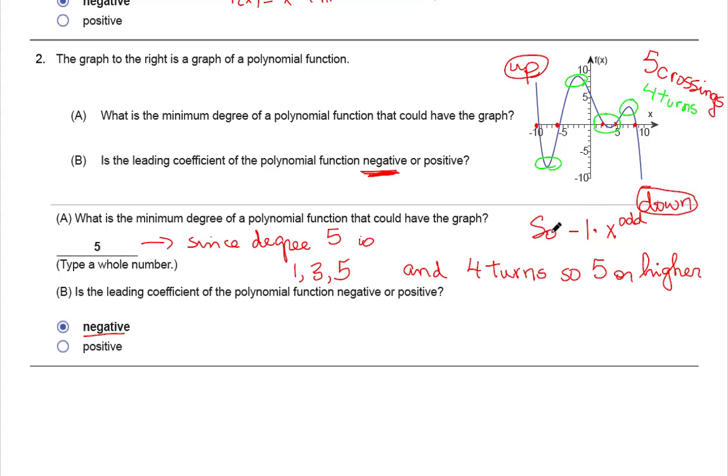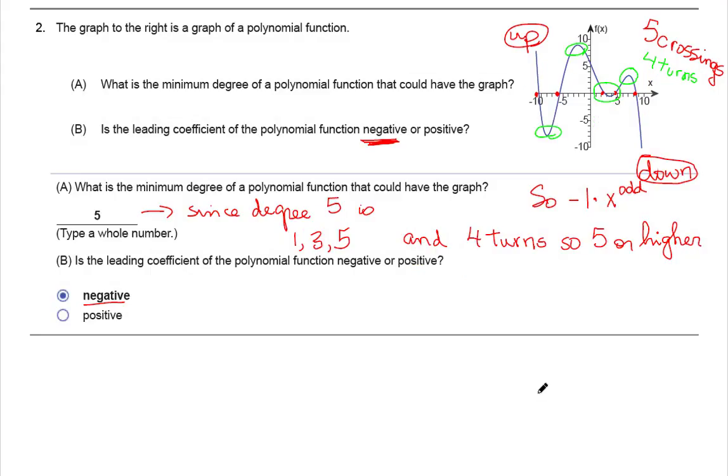All right, so what's the minimum degree to do this? Well, let's see. 5 minus 1 is 4, which is the 4 turns. So it has to be a minimum degree of 5 or more. And that also matches with how many crossings that we had.